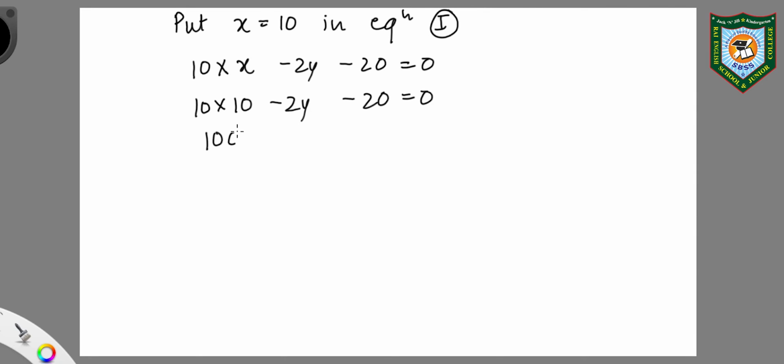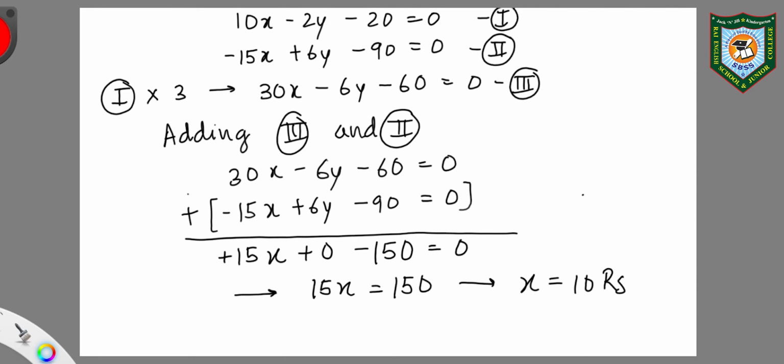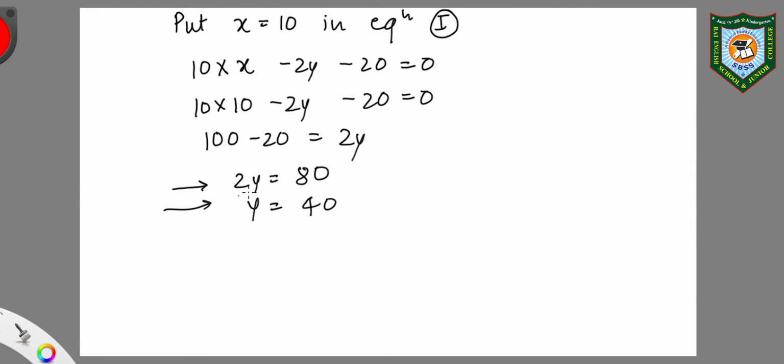Then I have 100 minus 20 is equal to 2y, which implies 2y is equal to 80, and therefore y is equal to 40. So I have x as 10 rupees and y, which is the number of students, is equal to 40. So here I have my answer.